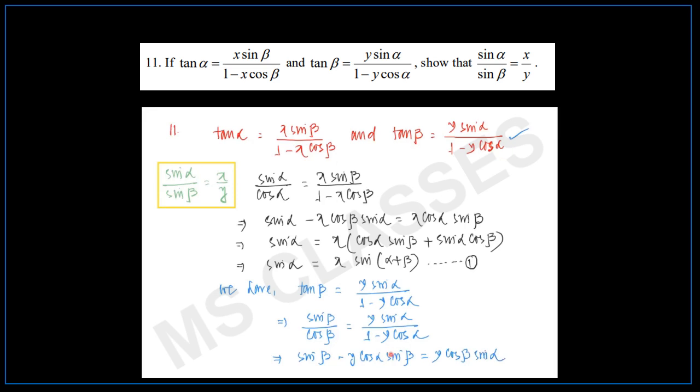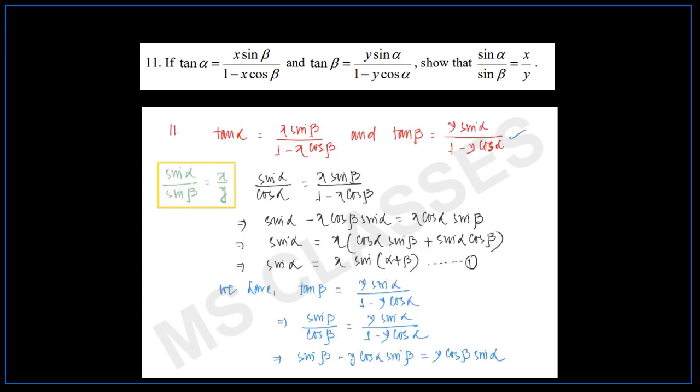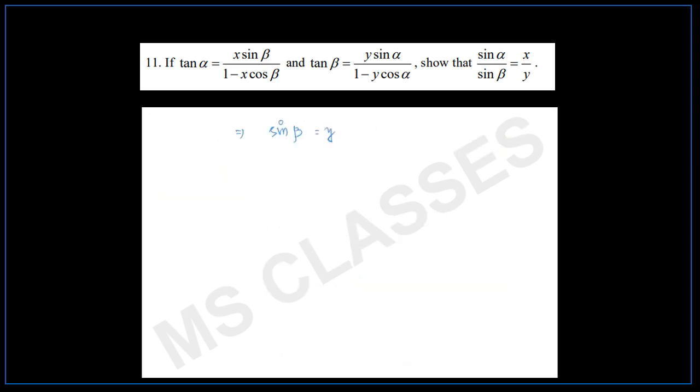Now we take this part on the right hand side. So what do you get? Sin beta equal to y times sin alpha cos beta plus cos alpha sin beta. This gives us y sin(alpha plus beta). And sin beta we are getting is y sin(alpha plus beta). This is equation 2.